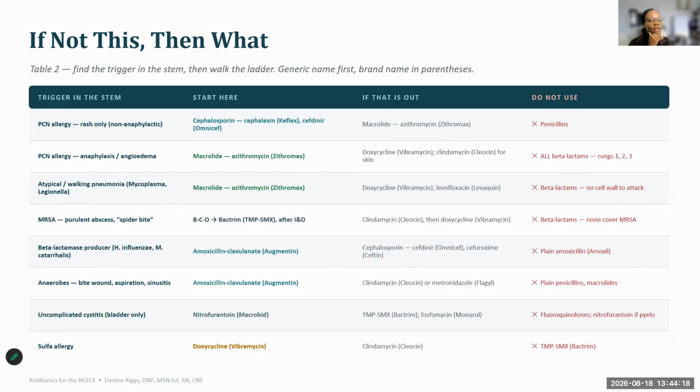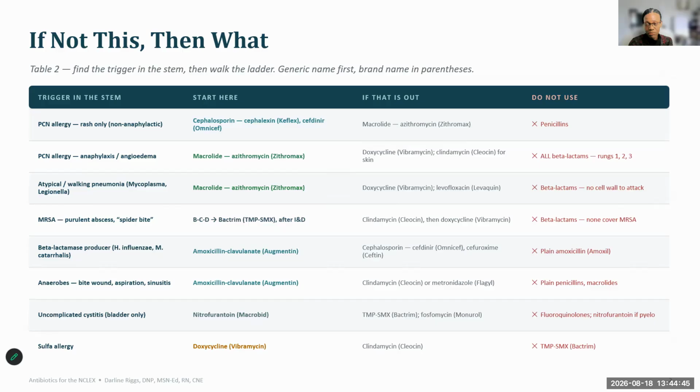So next one, MRSA, methicillin-resistant Staphylococcus aureus. So the moment there's purulent drainage, we go MRSA, okay? If the client says they had a spider bite and there was no spider, we go to MRSA, okay? Typical description. So for MRSA, you just really need to memorize these 3, BCD, okay? So B for Bactrim, we go to Bactrim for MRSA, okay?